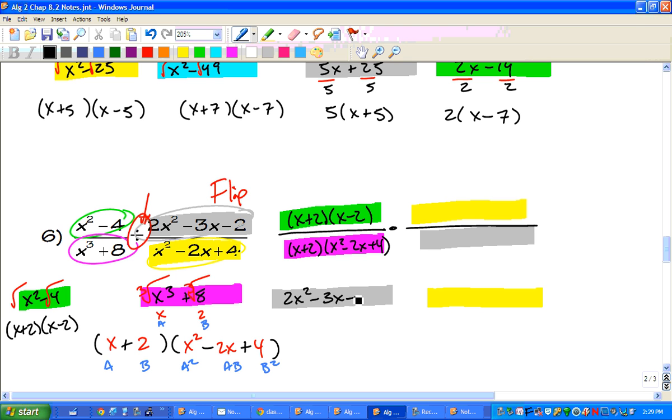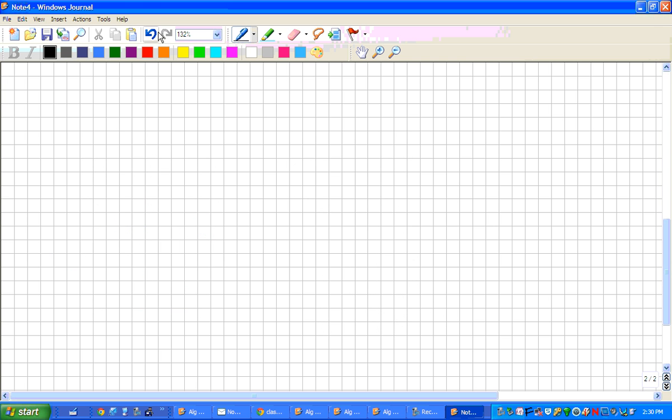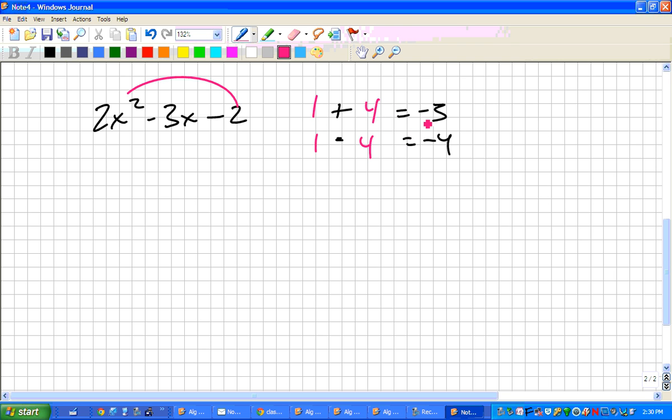Now 2x squared minus 3x minus 2. We'll do this on a separate sheet of paper. You want numbers that add up to negative 3 and multiply to negative 4. So 2x squared minus 4x plus 1x minus 2.